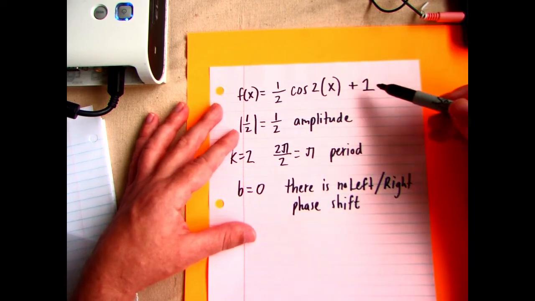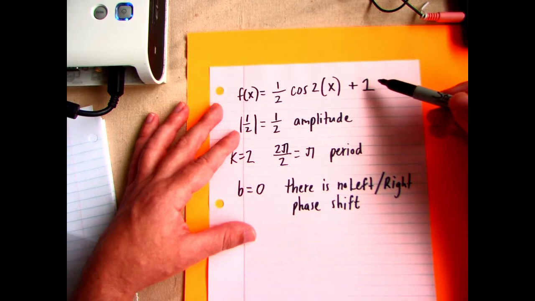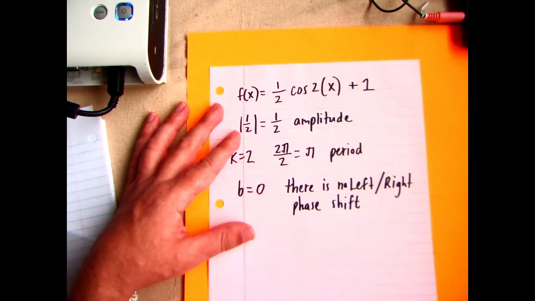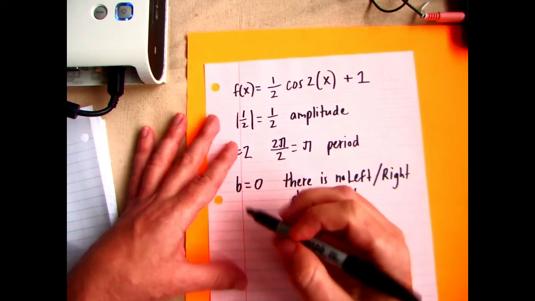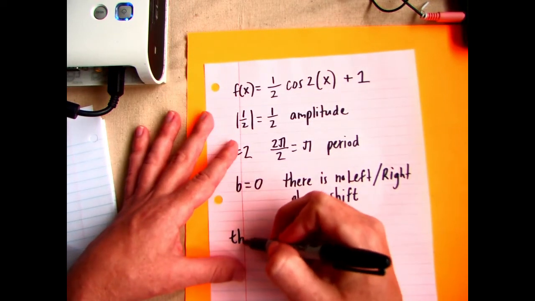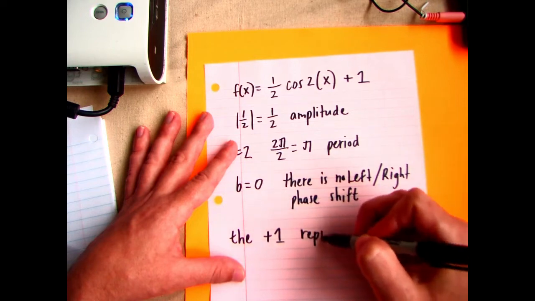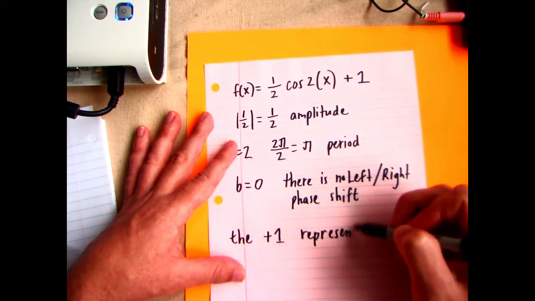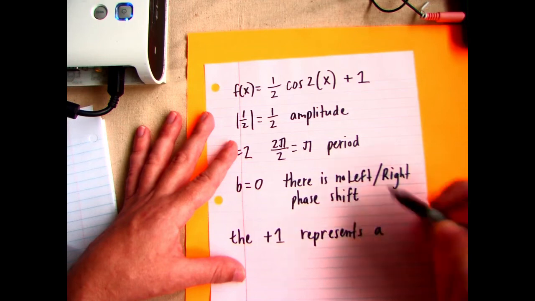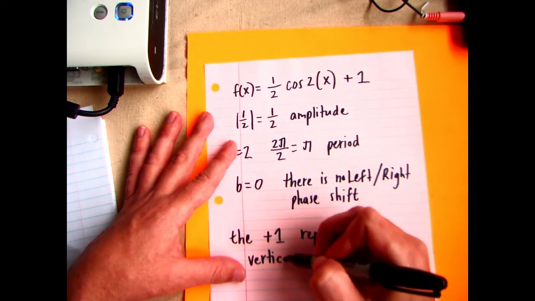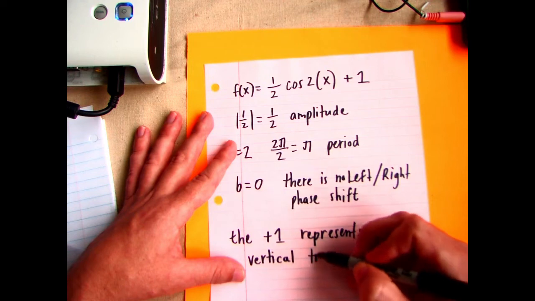But what we do have is this 1 out here at the very end, outside the parentheses. So what that is going to do, that's going to shift the entire graph up 1 unit. The +1 represents a vertical transformation of the graph up 1 unit.